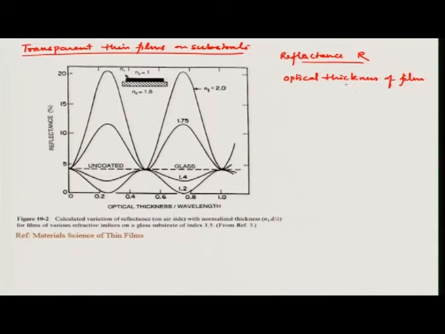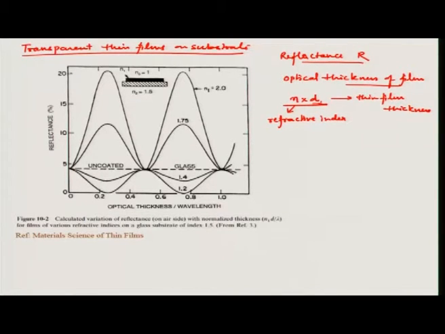And optical thickness is a parameter which is n into d. So d is film thickness and n is refractive index of the thin film material. Multiplication of the two is called optical thickness, n into d.